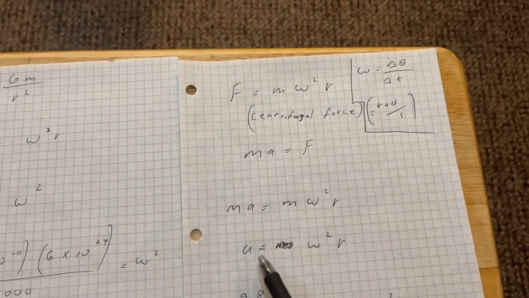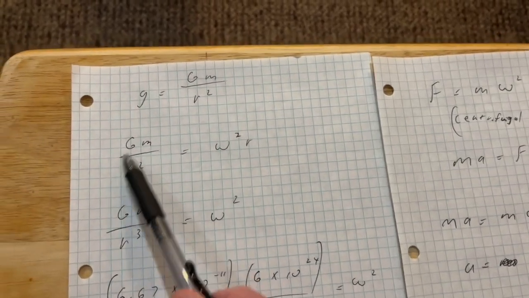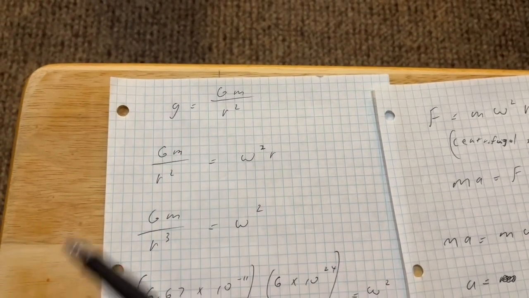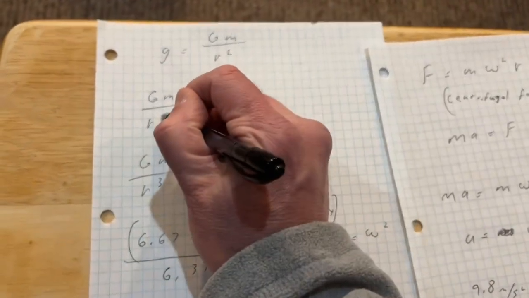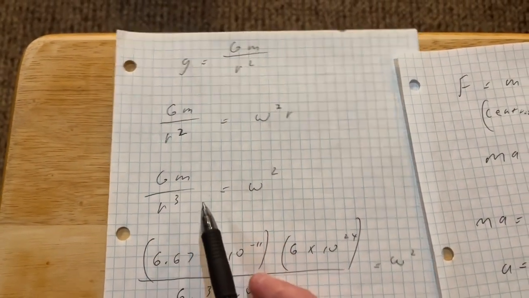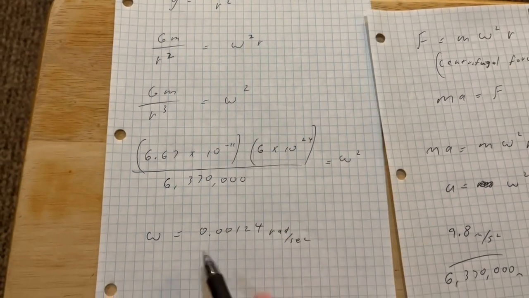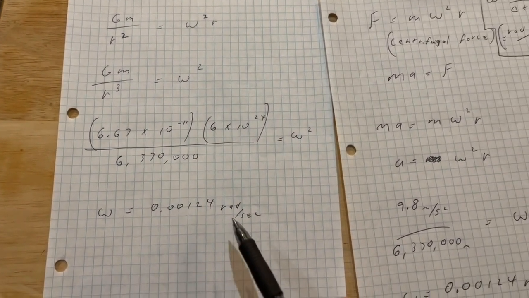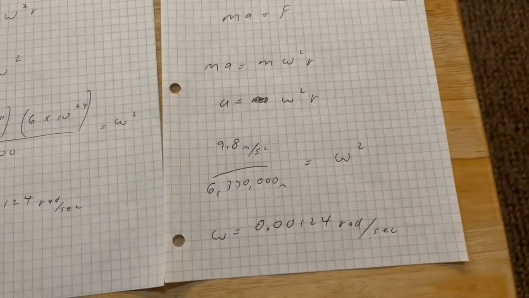So instead of acceleration equals omega squared r, we'll have this equal omega squared r, because this is our gravity acceleration. Bring your r down to here, and you're going to get r cubed equals this. Solve for omega squared right here, and you'll get 0.00124 radians per second, which is what I got over here.